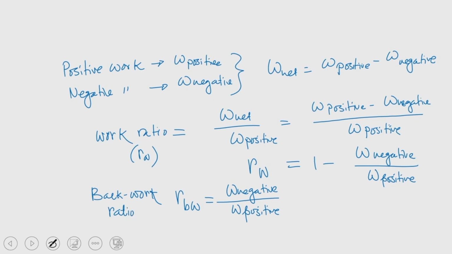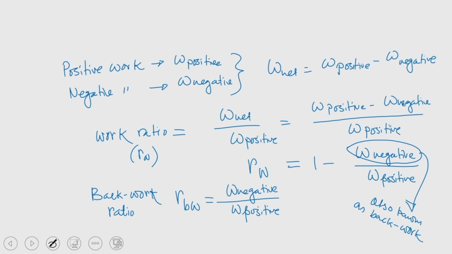So, this negative work W negative is also known as back work. The ratio of W negative by W positive is known as back work ratio.